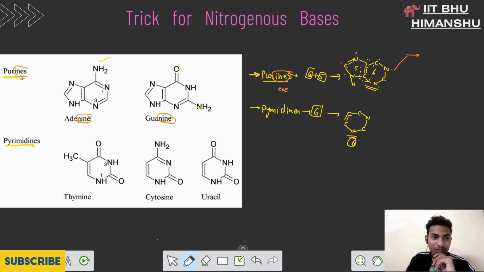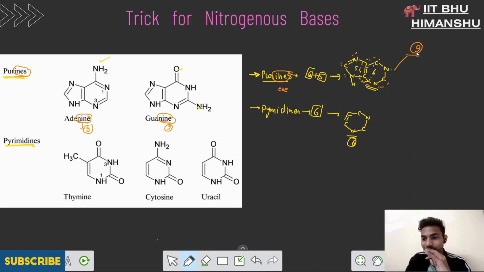We know that there are 6 carbons here, and 1, 2, 3. It means a 6-member ring here and 3 members outside. So we know that there is 9 written here. It means a 9-member ring will come into the picture, the whole ring.